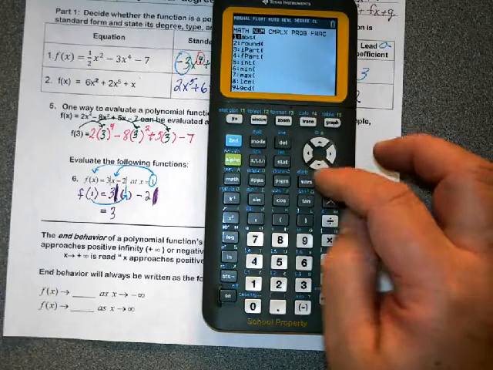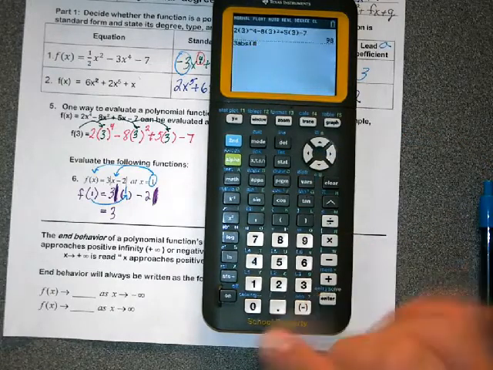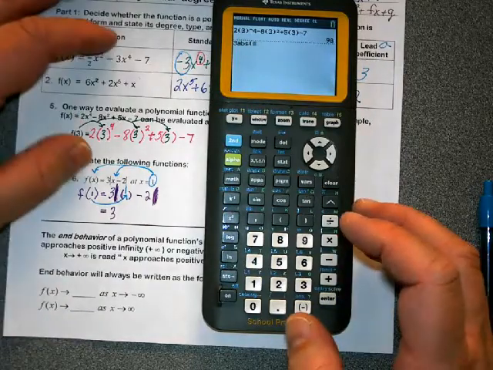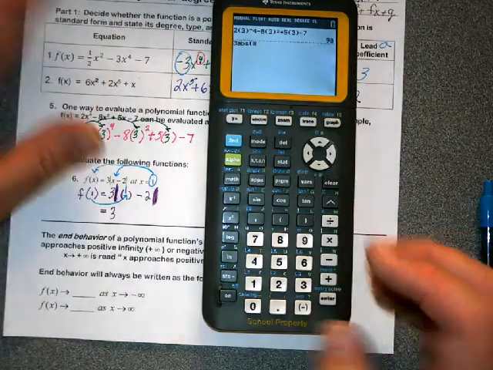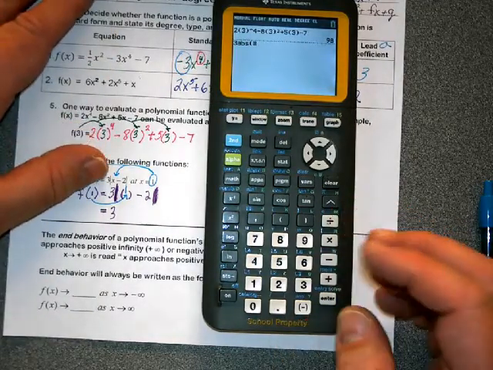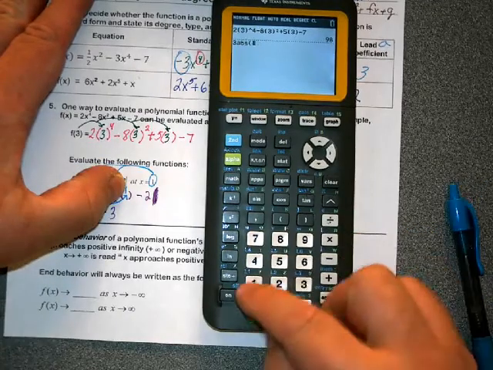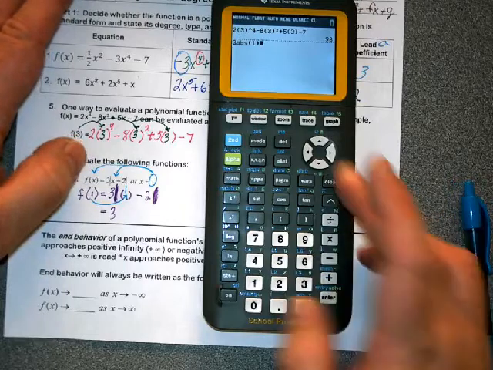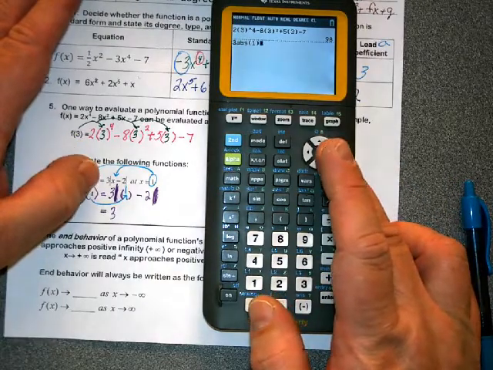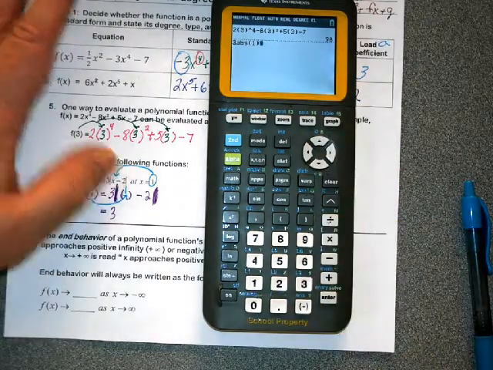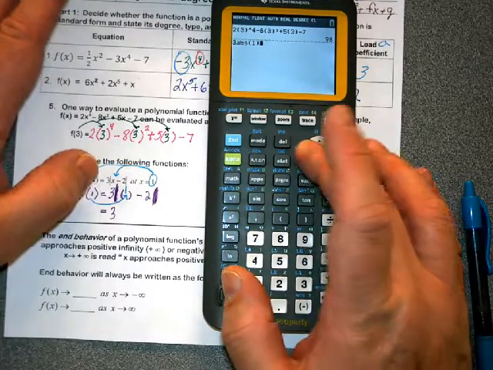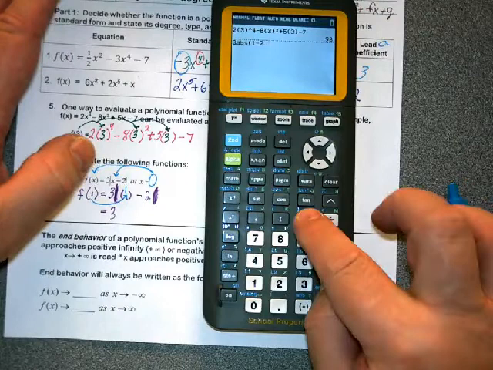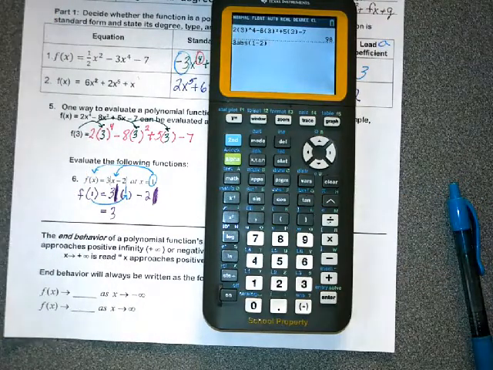Now, I think yours actually puts in bars, because you guys have the newest and latest update. I'm going to put in 1, close the parentheses. Now, you guys will probably have to arrow out of your absolute value bars. Oh no, I forgot the minus 2. Minus 2. Are we good? Hit enter. I got 3.